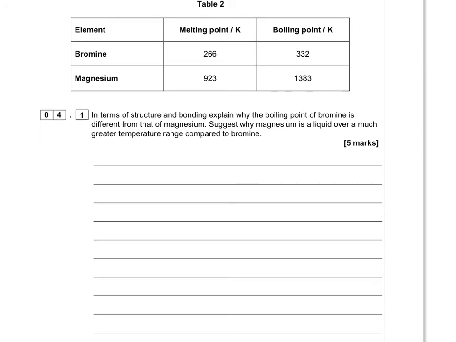So the first thing we need to do is explain that bromine is a simple molecule. And that means that its atoms are held together by strong covalent bonds.